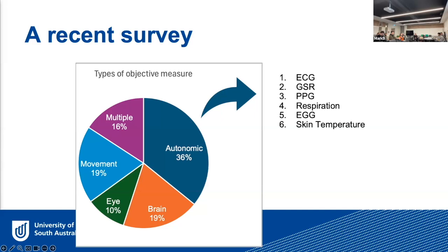So EGG is one of the direct measurements for cybersickness. But somehow it's really challenging to assess because it needs to be put at an exact location on your belly skin, so it is a bit awkward to ask participants to put those things on their body. But anyway, it's a quite promising index.